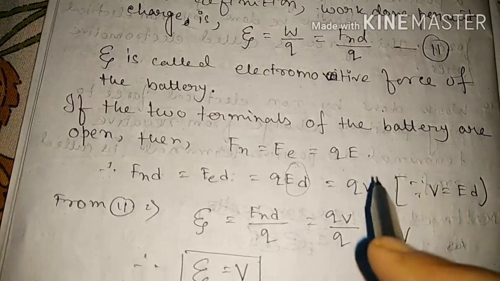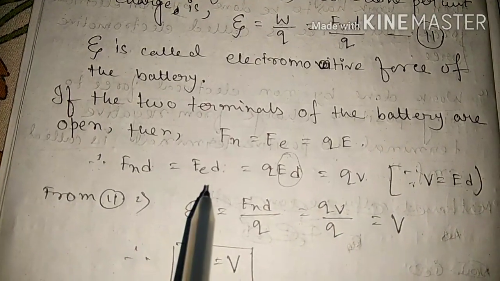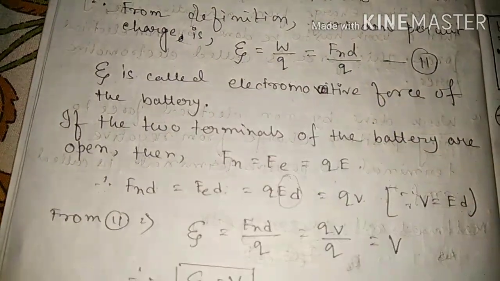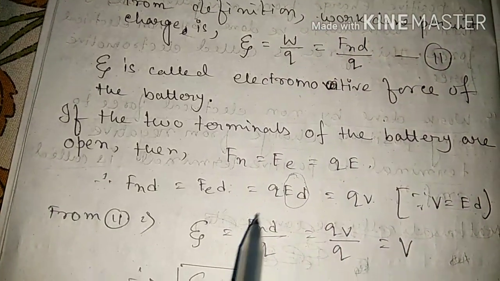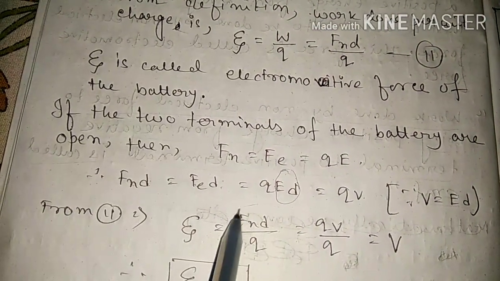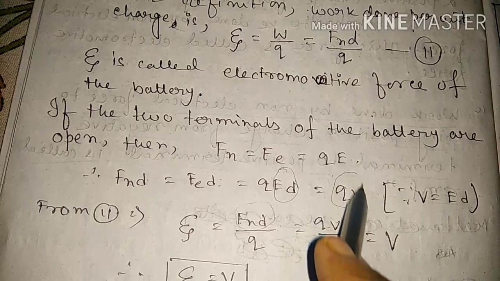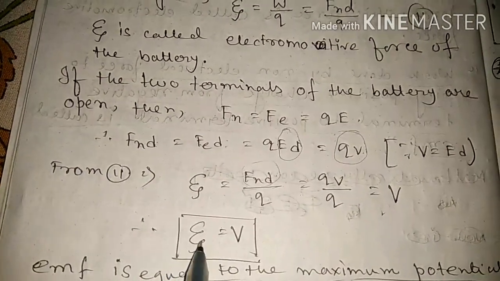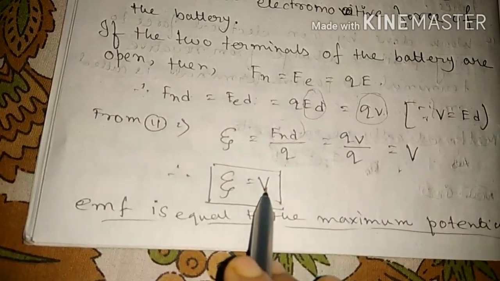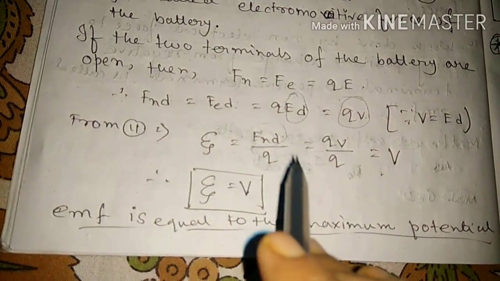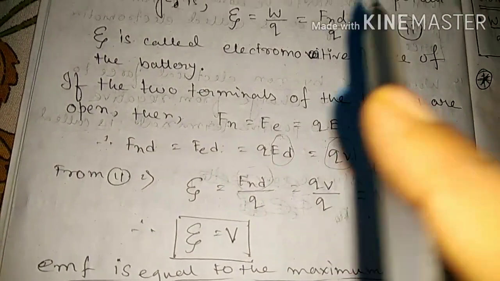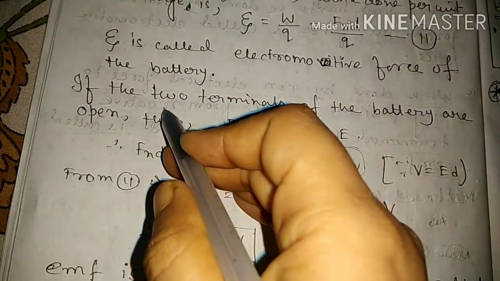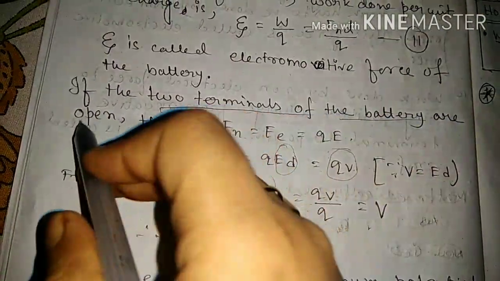Electric field into distance is called potential V, so Q into V. We studied this in the first chapter. So from this expression, E equals Fn D by Q, in place of Fn, if we put Q into V, Q cancels, we get V. So EMF equals V. So EMF is equal to the maximum potential difference when the two terminals of the battery are open.